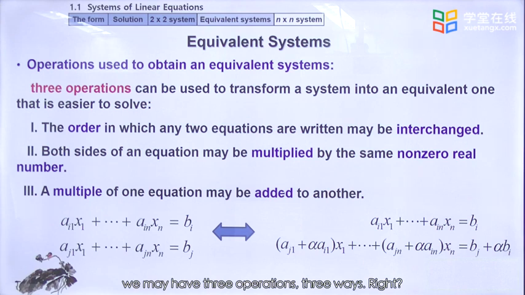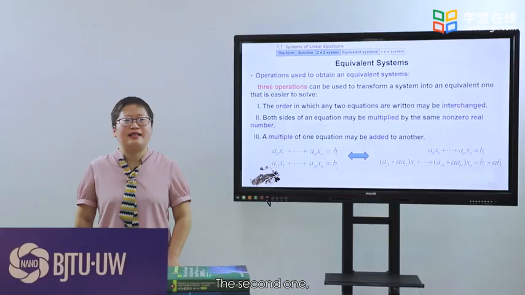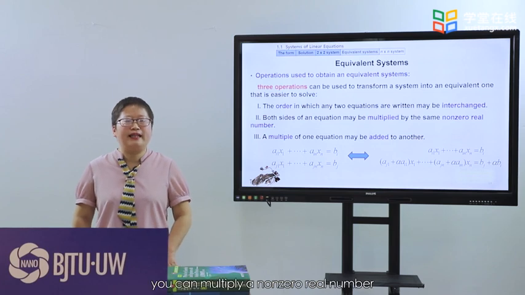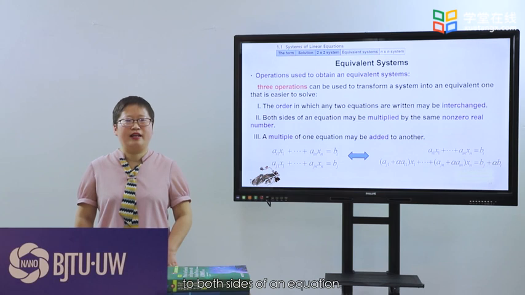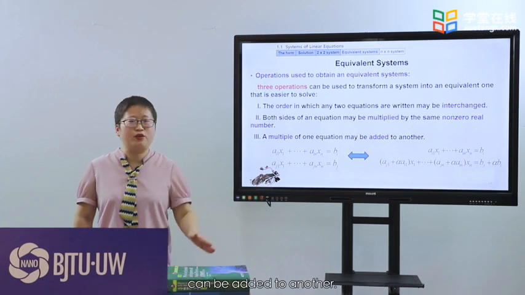So now, in order to transform a system to a simpler form, we have three operations, three ways, right? The first one, you can interchange any two rows. The second one, you can multiply a non-zero real number to both sides of an equation. And the last way is that a multiple of one equation can be added to another.